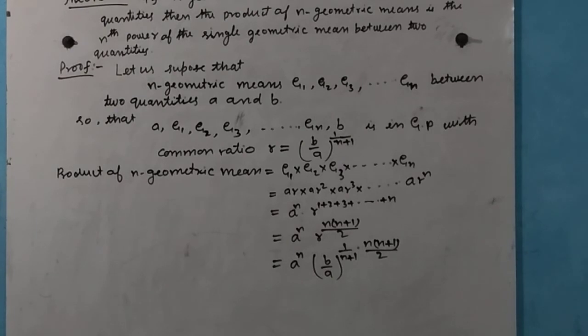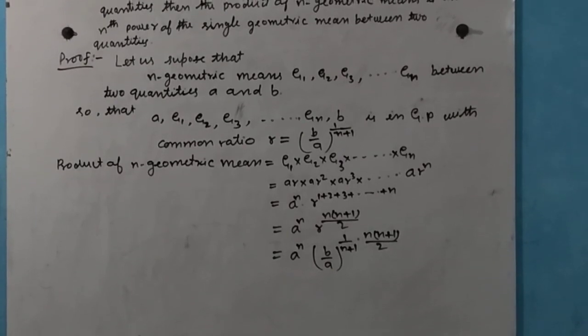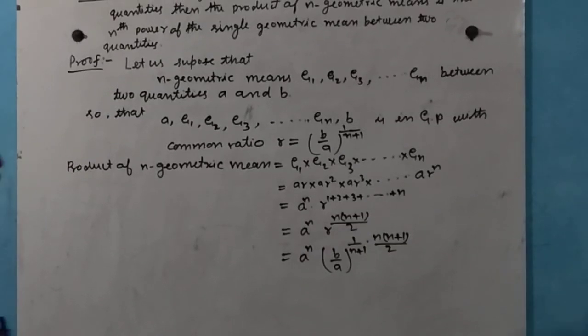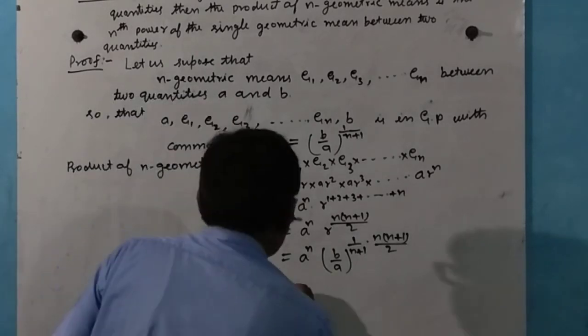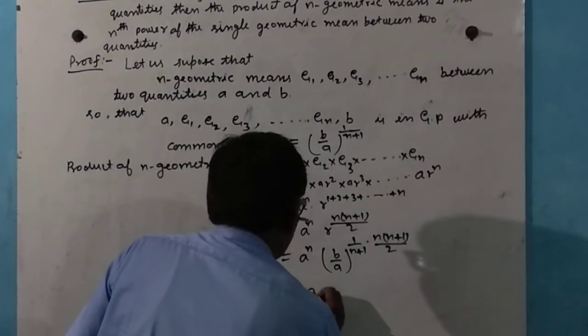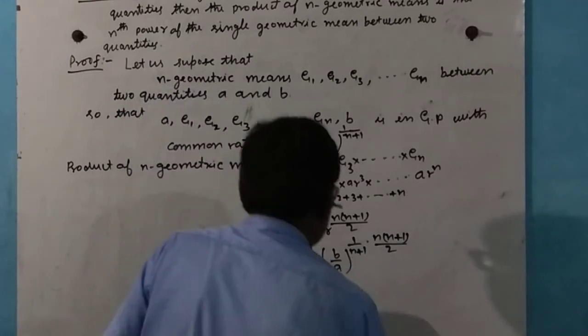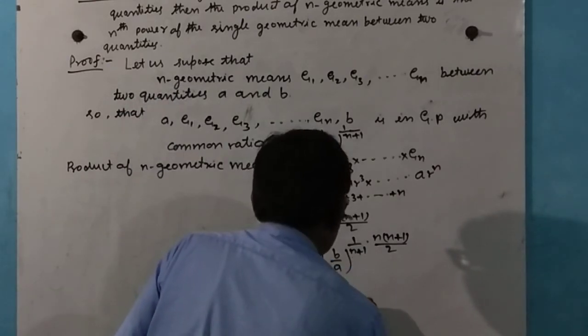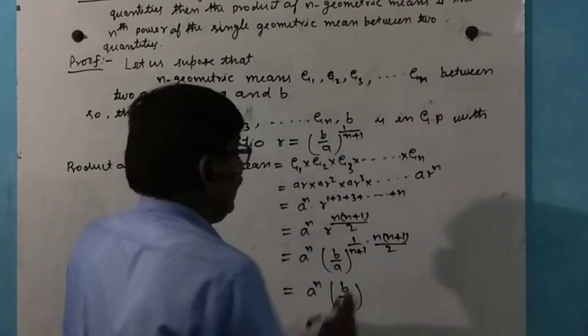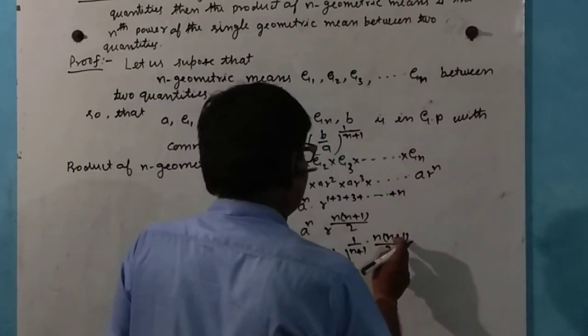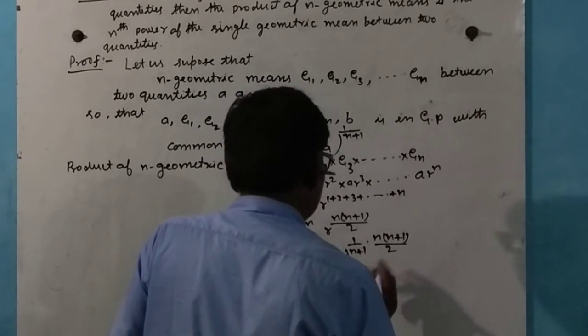Now we solve this. Here a to the power n and (b/a) to the power (n+1) cancel, and this is equal to n/2.